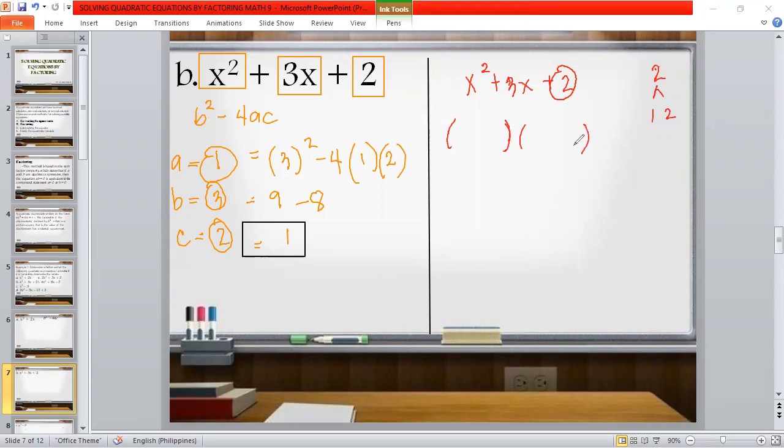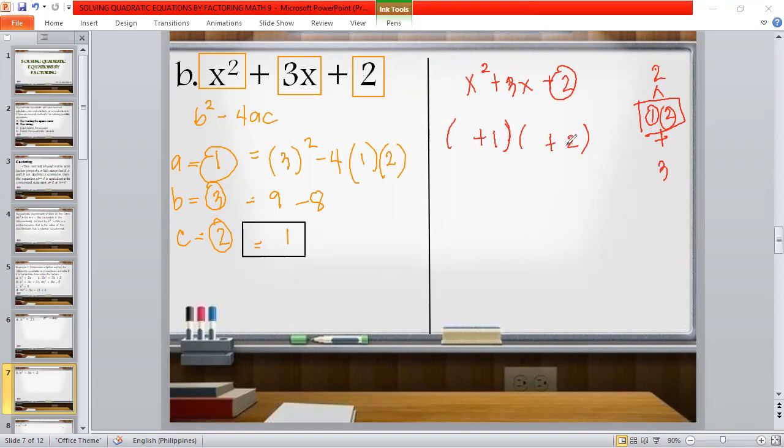Dahil meron na tayong factor ni 2 na 1 and 2, at kapag pinag-add po natin yung dalawang to, ang kalalabasan ay 3, ito na po ang gagamitin nating factor sa ating expression. Ma'am, paano po? Susulat niyo lang po dito, that is positive 1, and that is positive 2.